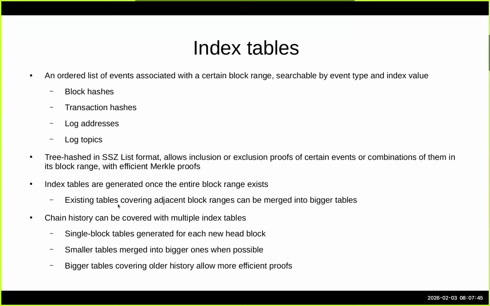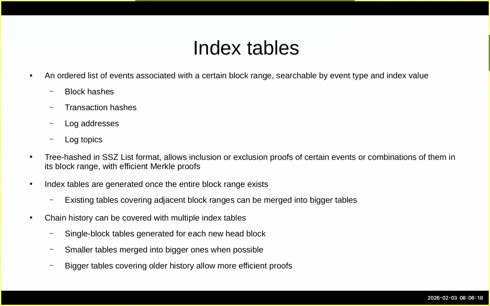One important thing is that an index table is generated either from a single block or a number of blocks, but they are always generated when those blocks are finished. New tables are generated from new blocks, and since these are just sorted lists, they can be merged together.